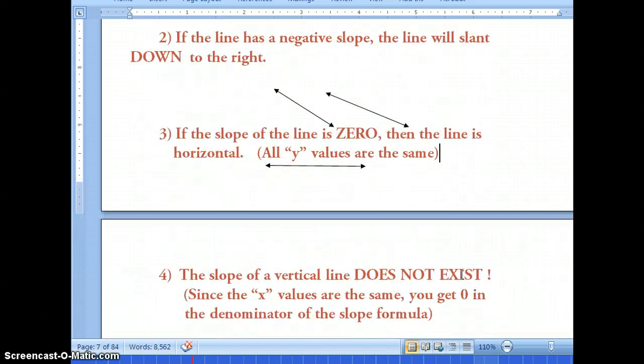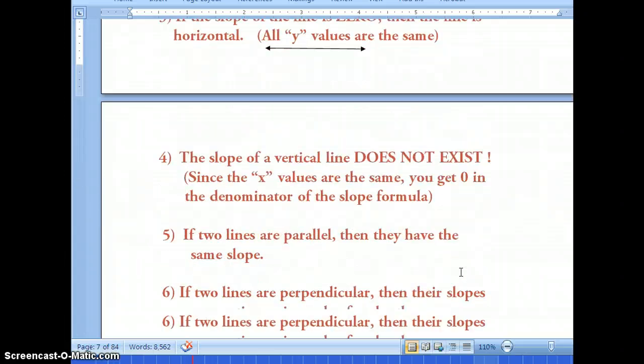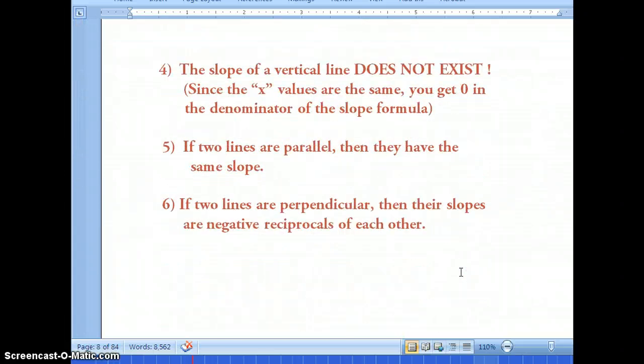Now, a vertical line is a little bit different. A vertical line does not have a slope. The slope does not exist, and the reason it doesn't exist from an algebraic standpoint is because when you have a vertical line, the characteristic of a vertical line is it has the same x values.